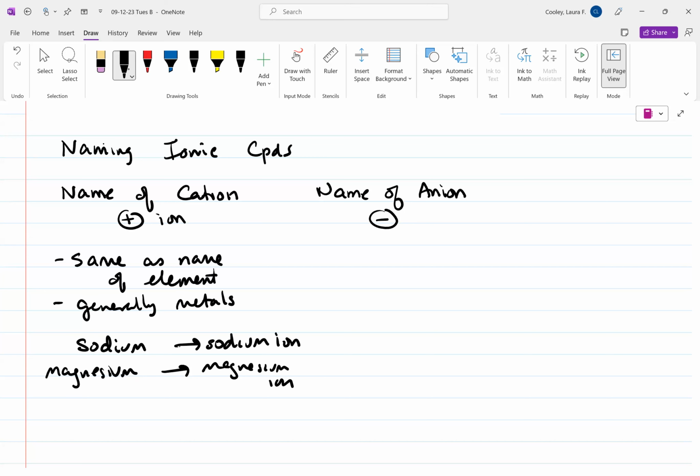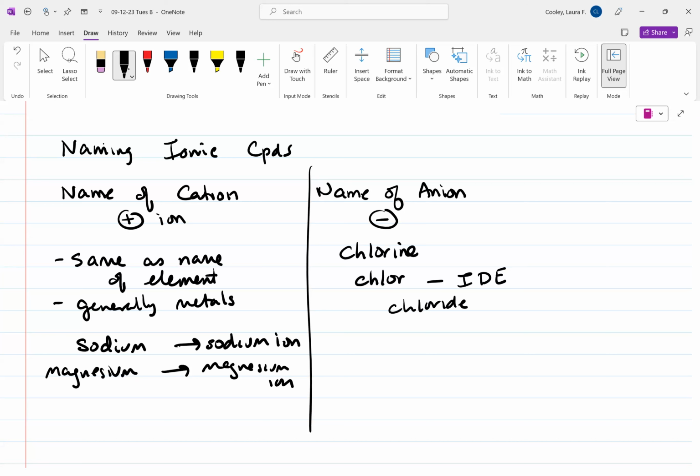Okay. It's a little different with anion names. If you have, for example, chlorine, you shorten that to chlor, and then you add the "ide" ending. So chlorine becomes chloride. That's Cl minus. So Cl is chlorine, Cl minus is chloride. Oxygen becomes oxide, right?